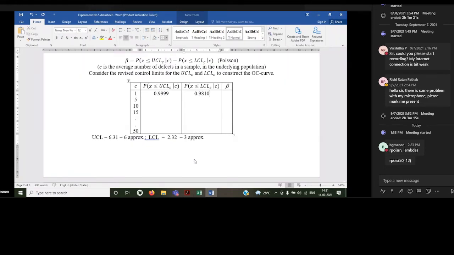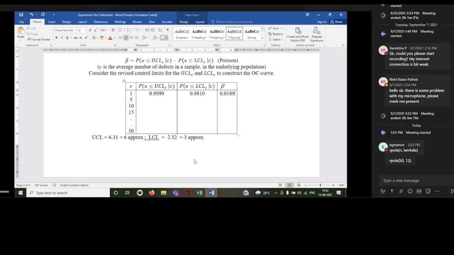So you can subtract these two to get the value for beta. 0.9999 minus 0.9810 gives 0.0189, so you can take it as 0.019. Is it clear, using the table?